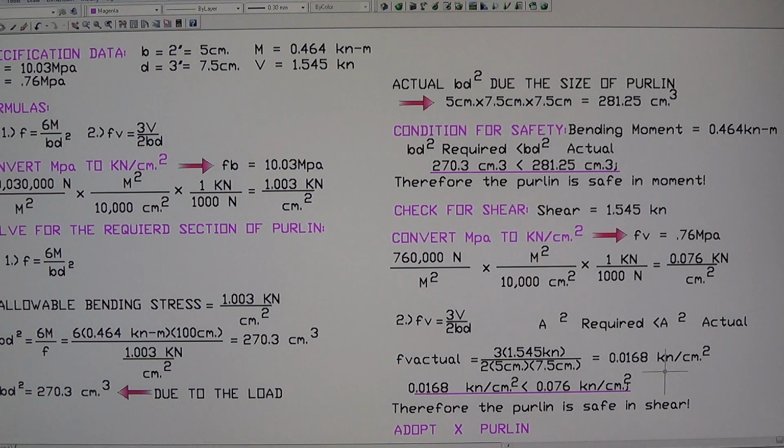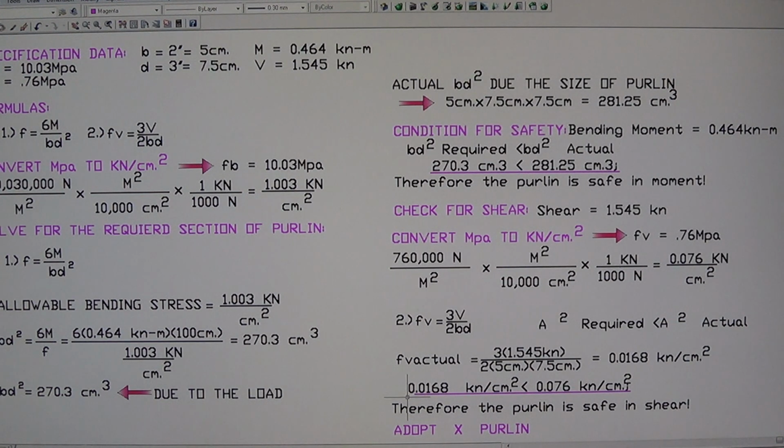As we compare here now, the actual is 0.0168 kilonewton per centimeter square, and the allowable stress for the shear is 0.076. When the allowable is bigger, then it's safe.